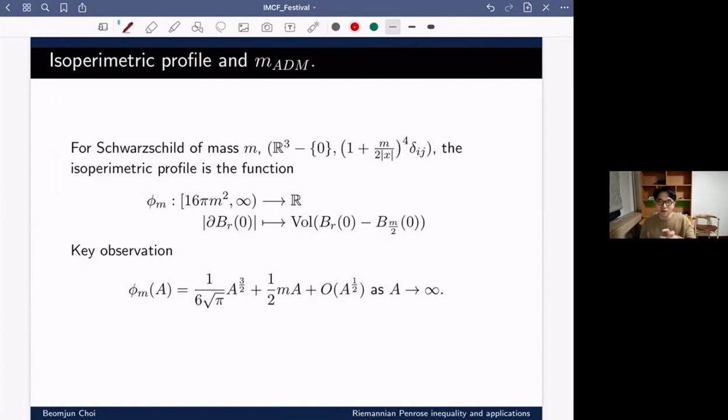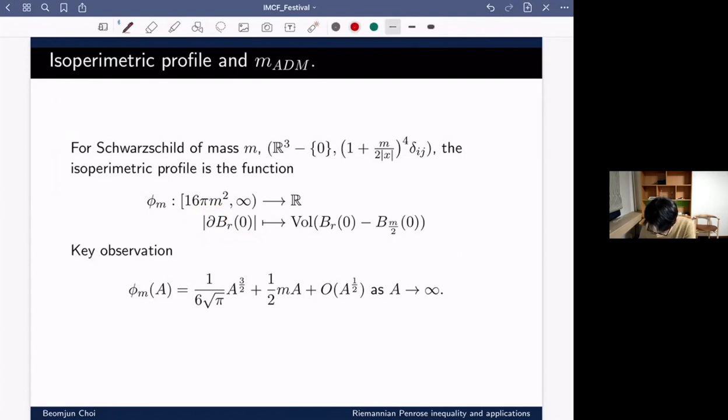Of course, among those surfaces that contain the outermost minimal surface. Actually, the answer is that the ball centered at the origin maximizes this volume. This is called the isoperimetric profile. If we compute that, the area has to be at least greater than 16 pi times m squared.